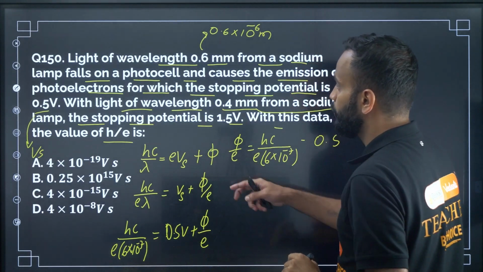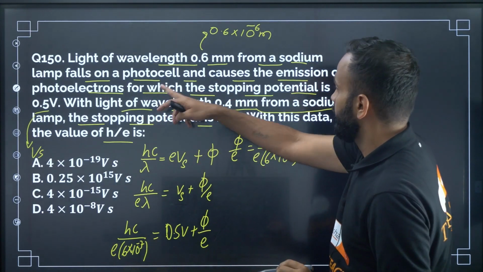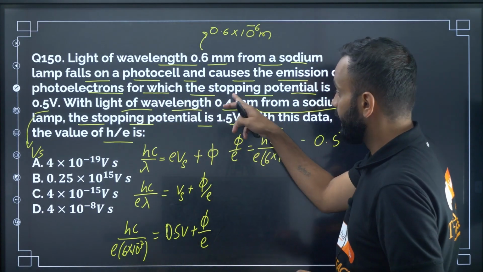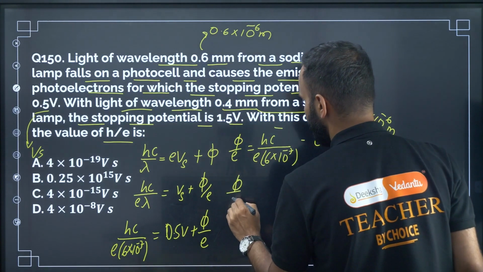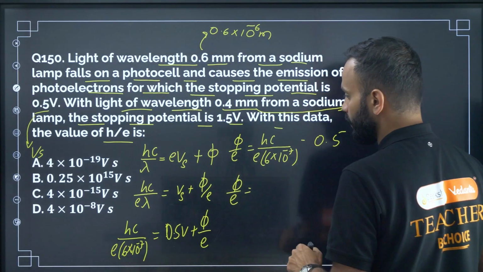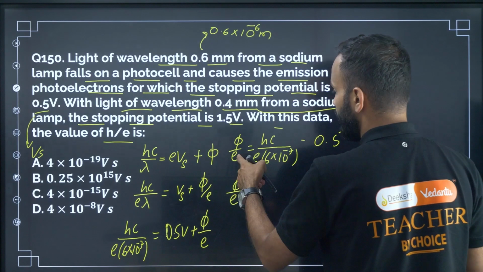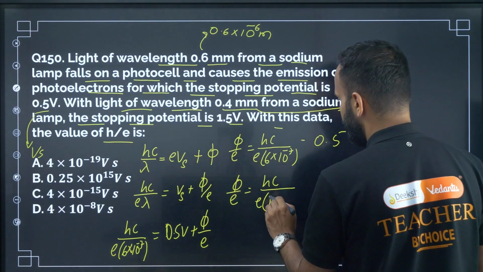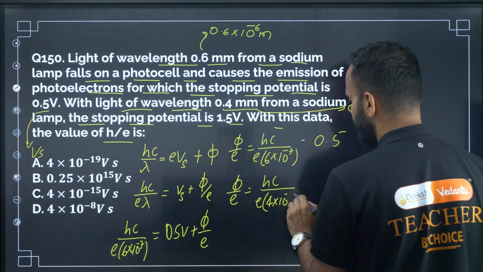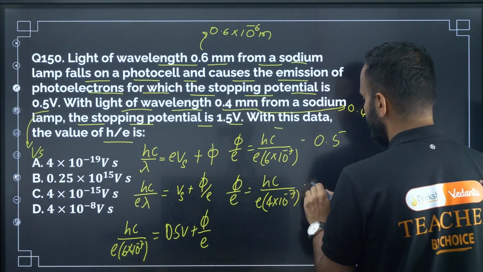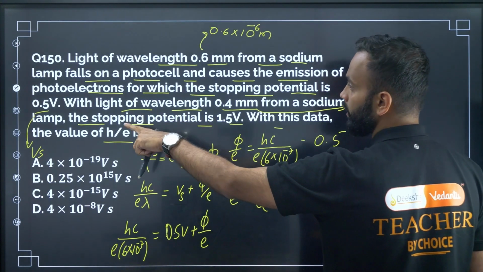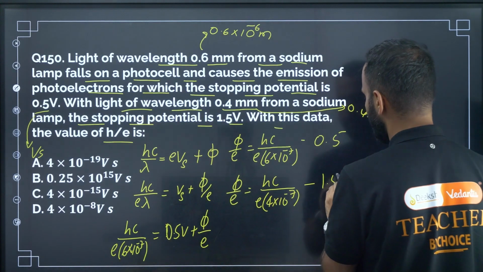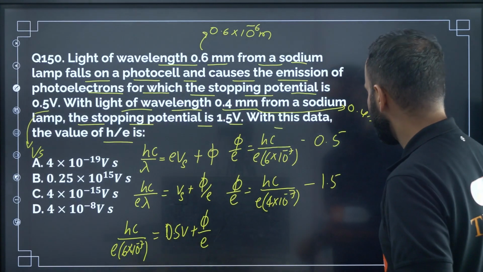Now for the second wavelength, phi by e is equal to hc divided by e into 4 into 10 to the power minus 7, minus 1.5 volt, right?